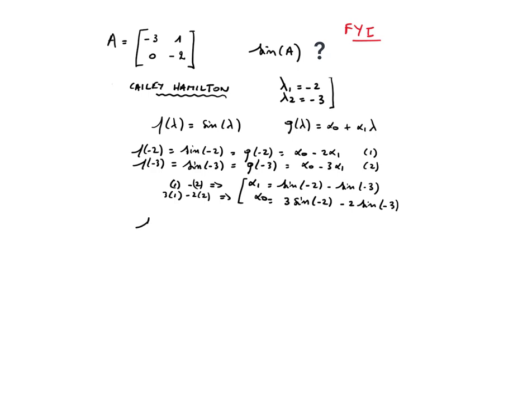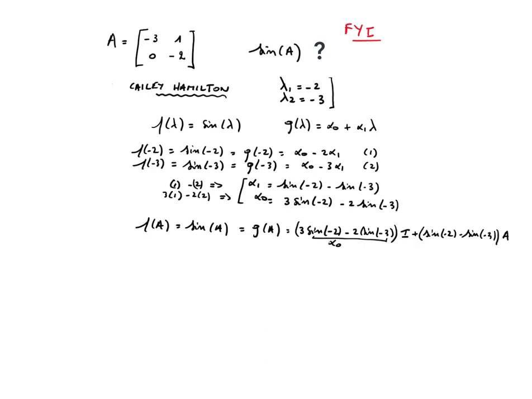So f of A, that's the sine of the matrix A we're looking for, is g of A, and this is 3 times the sine of -2 minus 2 times the sine of -3. This is alpha 0 times the identity matrix plus the sine of -2 minus the sine of -3 times A, and this is alpha 1.